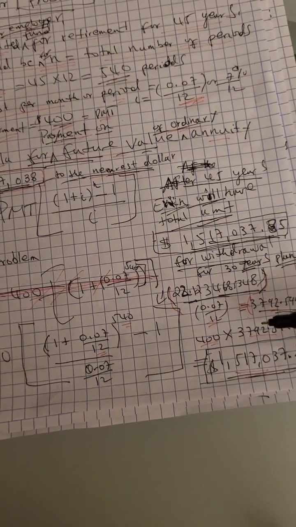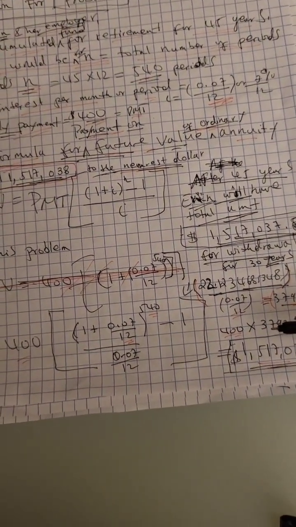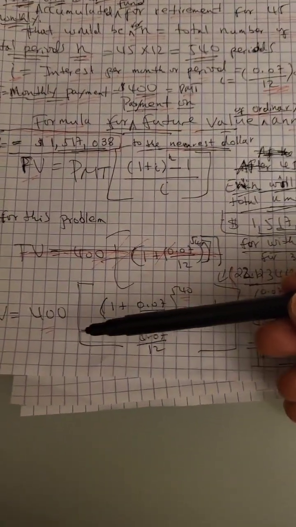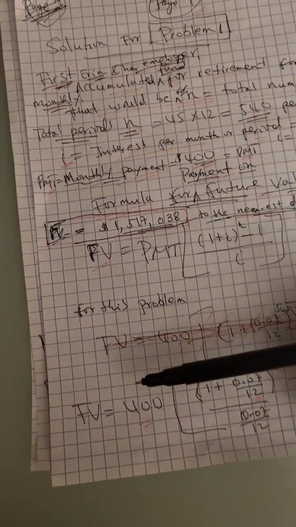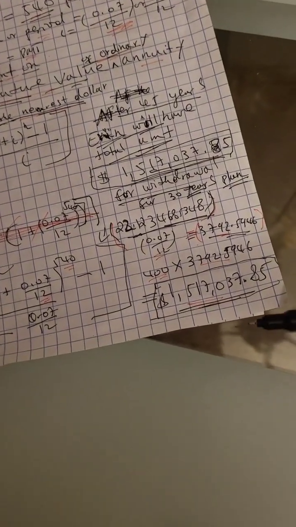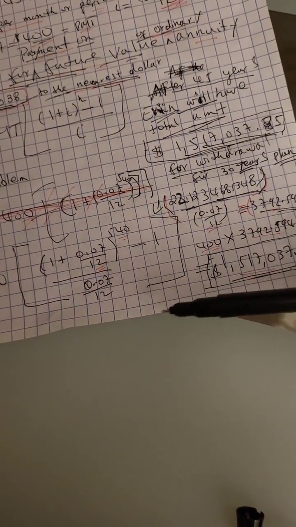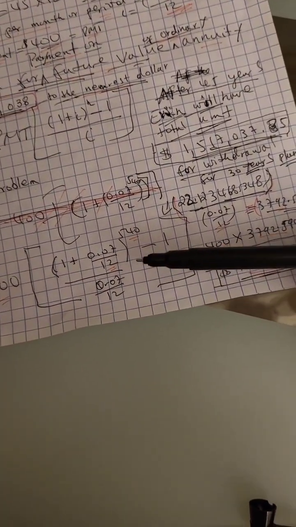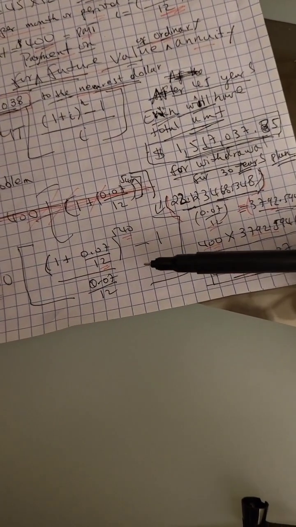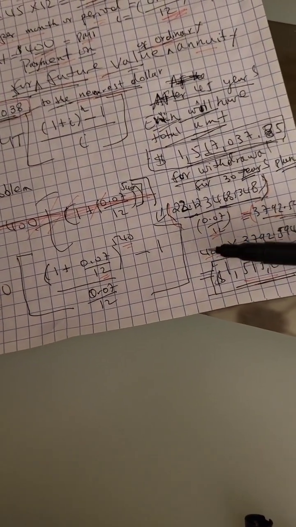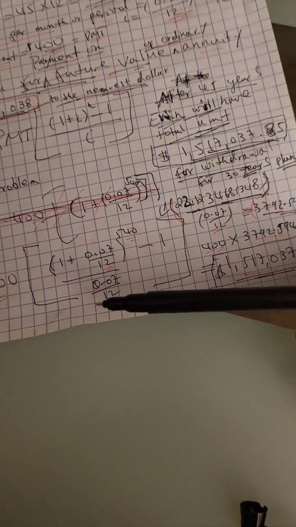This digit will be multiplied with the amount they put in every month, 400. So every month they put in 400, compounded with interest. They got 3,792.5 something like that. So we multiply with 400 for each payment.